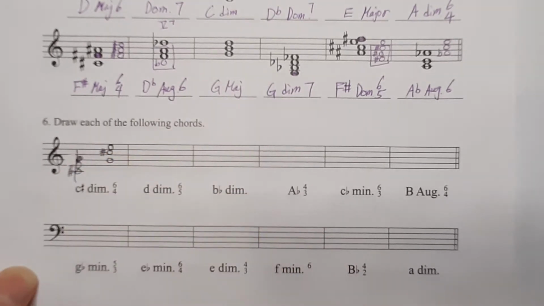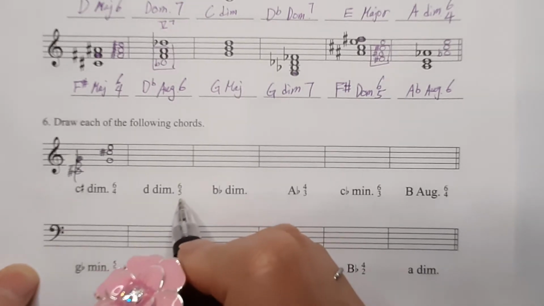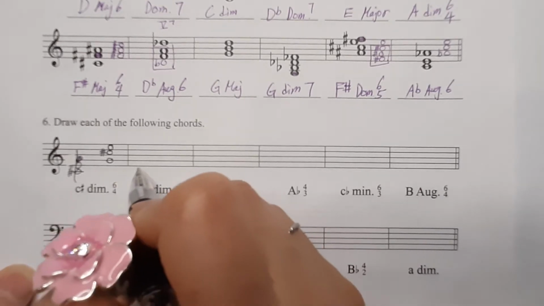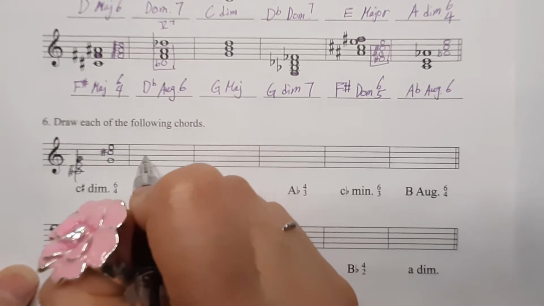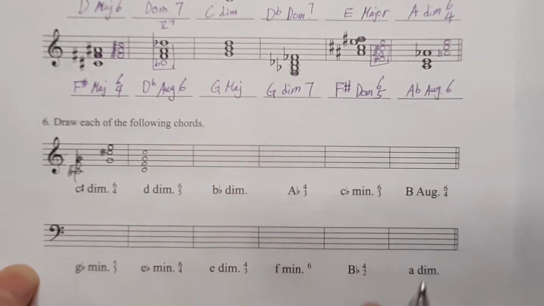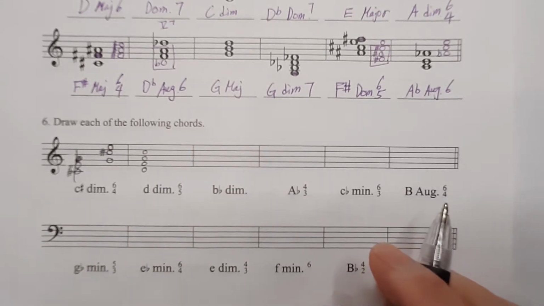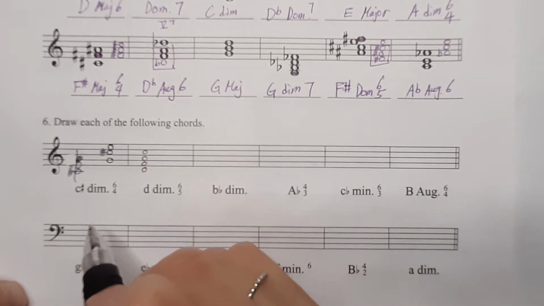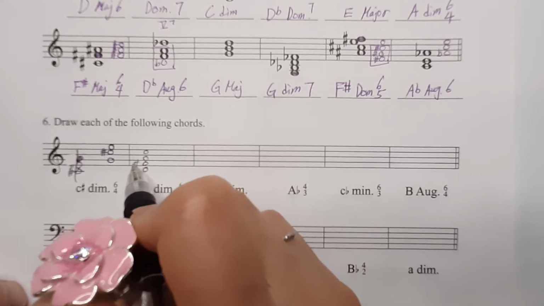Okay, that's diminished 6, 4. Okay, let's try D diminished 6, 5. Now it's a seventh chord, right? First of all, we're going to draw D, F, A, C, and figure out the key signature. Now, in the key of D major, we have F sharp and C sharp, right?